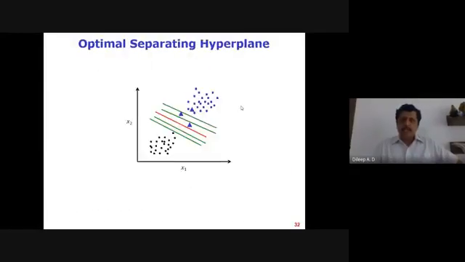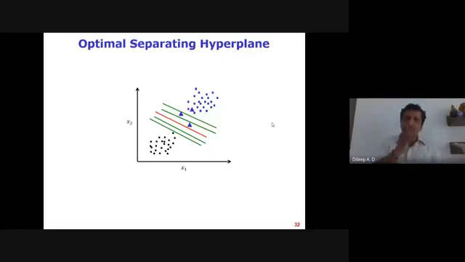Now, if we take the training examples of the two classes, between the region of separation of the two classes, infinitely many separating hyperplanes are possible. Among all those, only one separating hyperplane is optimal, such that the number of misclassifications is minimized as much as possible.